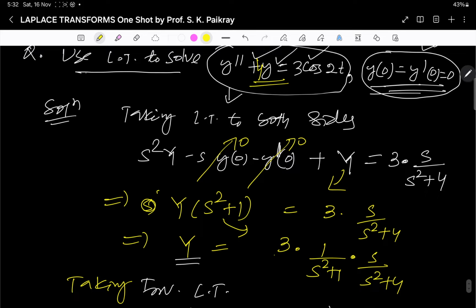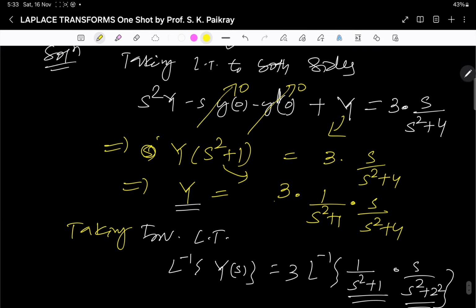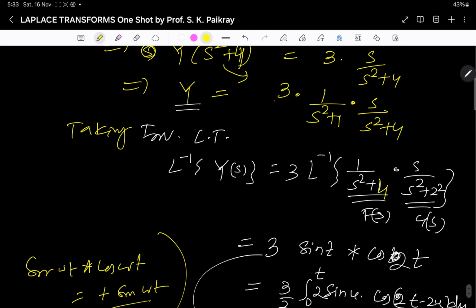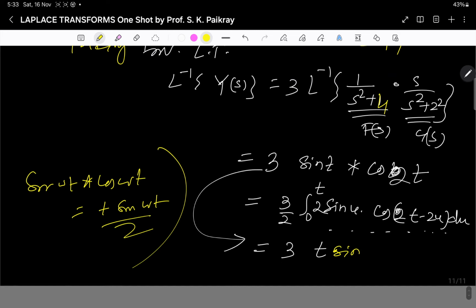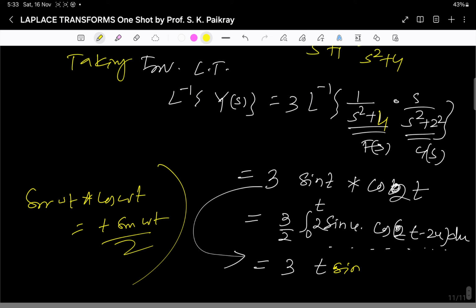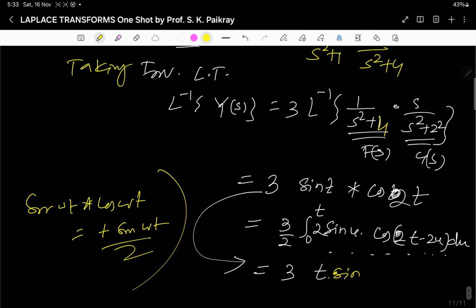It will easily get the result. I use 4y. However, for 1 it's also fine, no issue, right? Because it will come under sin omega t convolution cos omega t. Otherwise you have sin at convolution cos bt, that thing. Since I want to apply the direct formula, this is t sin 2t here, okay. So this will be t sin 2t by 2.